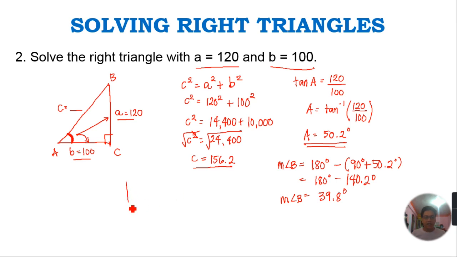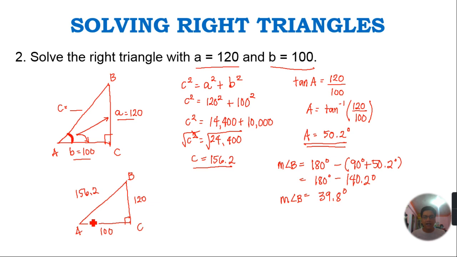So again, let's try to draw so that we can see that we have solved all of the sides and all of the angles. So this is A, B, and C. So side A is given. So this is 120. Side B is 100. And we solved C as 156.2.